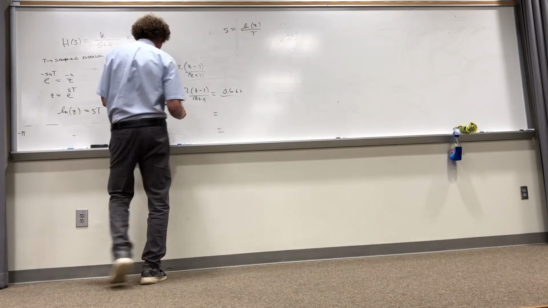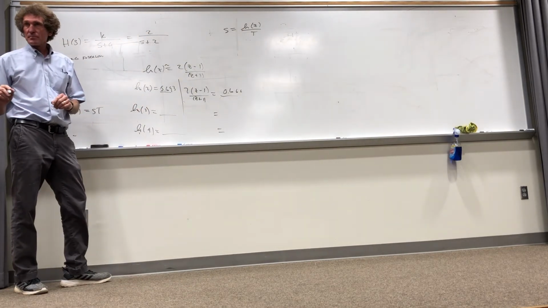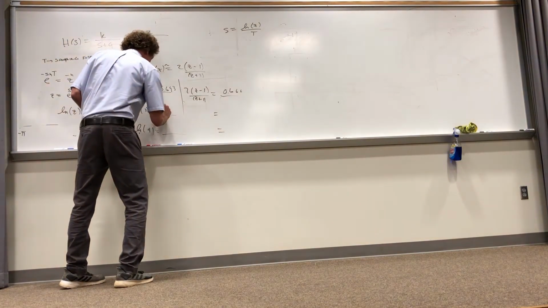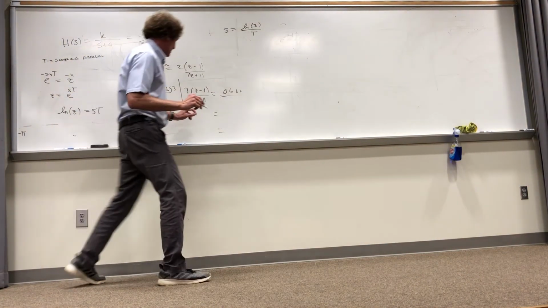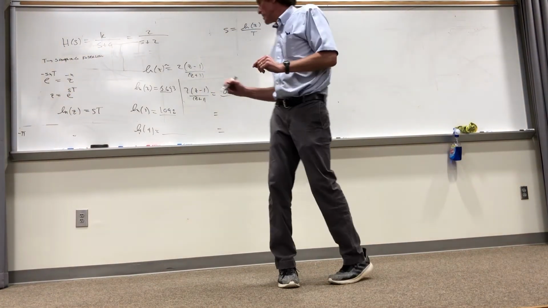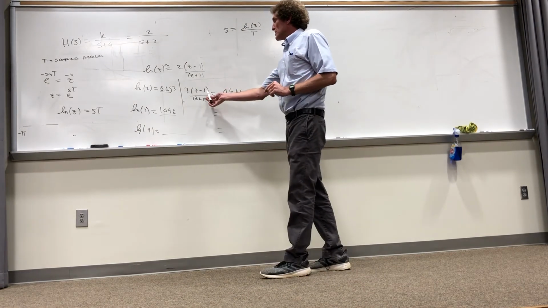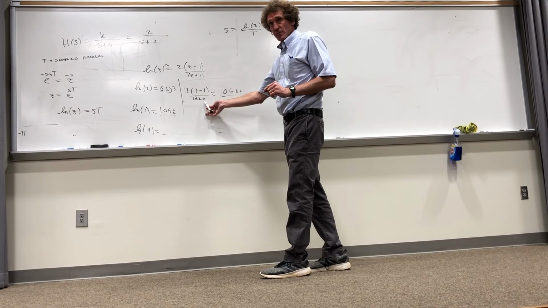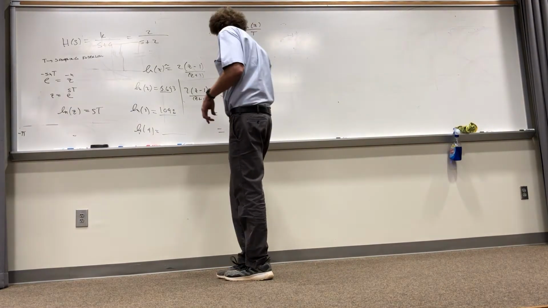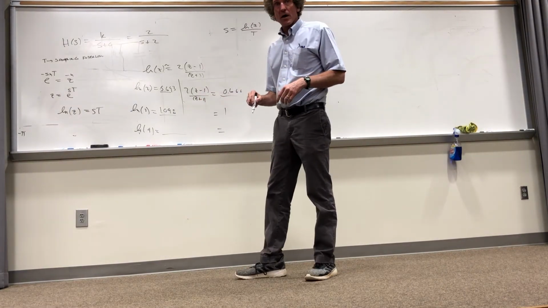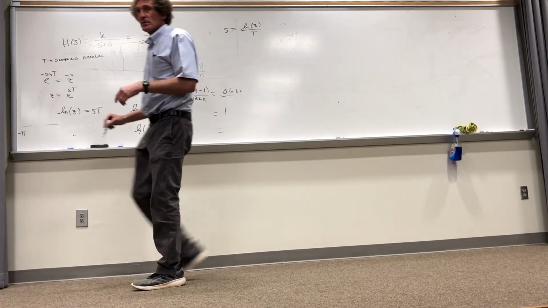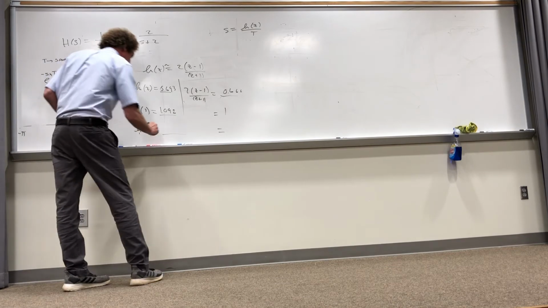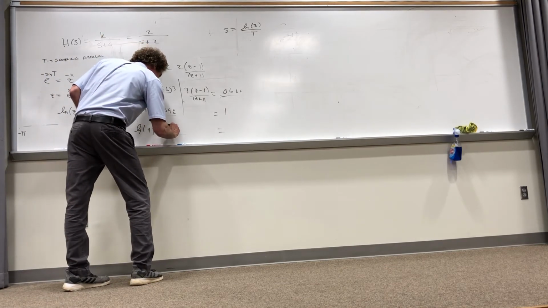Now do log 3 over here. 1.098. Over here, put in 3. 3 minus 1 is 2, right? 2 times 2 is 4. 3 plus 1 is 4, so you get 1. All right. Log 4. 1.386.